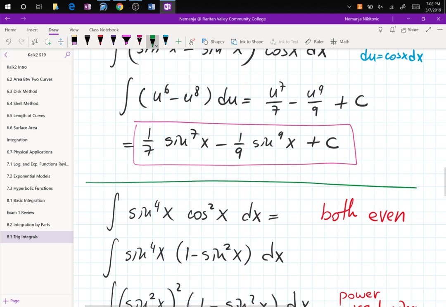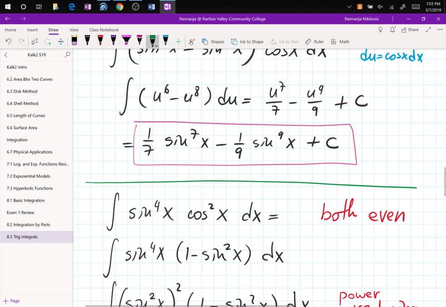We are done with sines and cosines. These are the two flavors you have. Flavor number one, one or both exponents are odd, in which case you peel off the odd sine or cosine and you keep it in a bank for du, and then you transform the rest to the other function and you just run basic u sub.